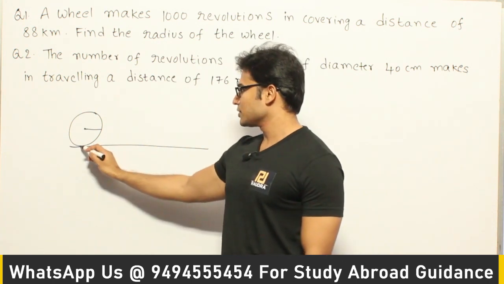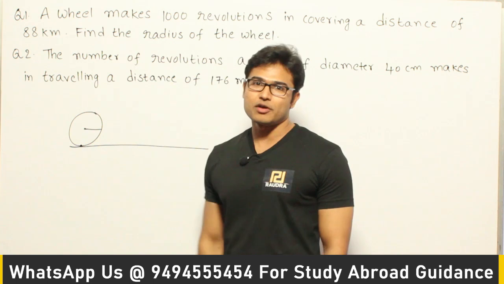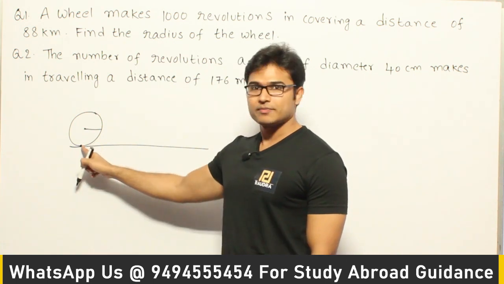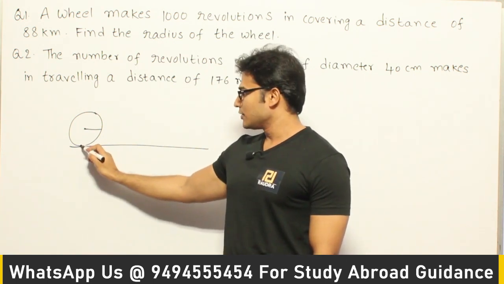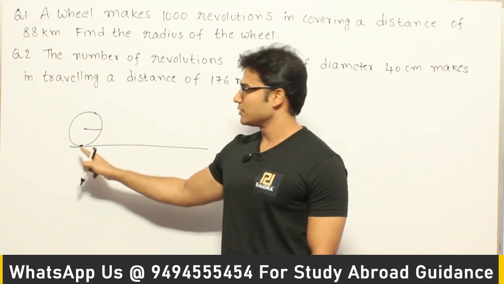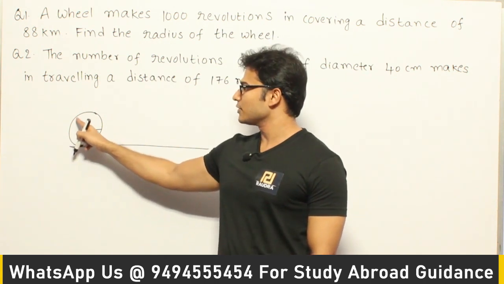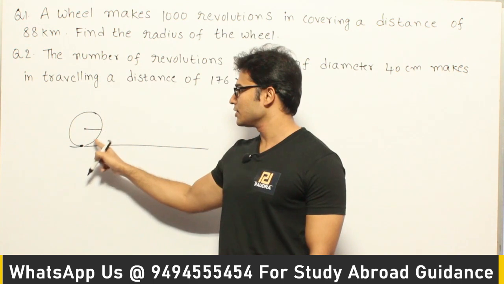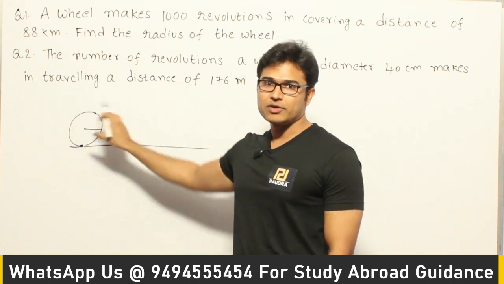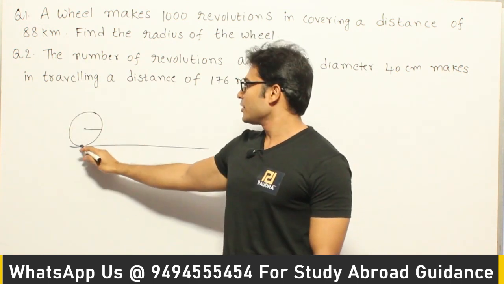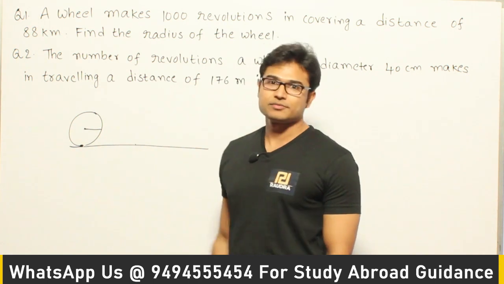So what a revolution is: if you assume that this is the point of contact, in one revolution this point will again be touching the ground. This point will be revolving like this, and in one revolution, or one rotation or one spin, this point will again come and touch the ground, right?